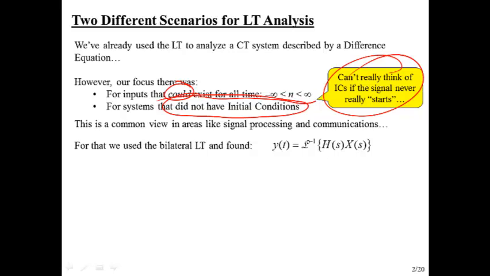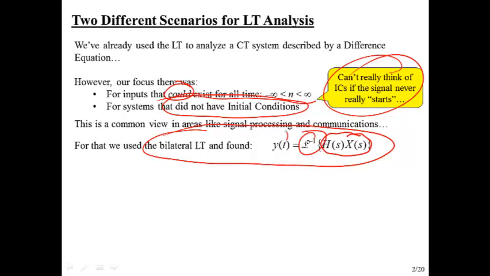For the analysis there, we used the bilateral Laplace transform, and the key idea was to find the output. All we had to do was worry about this product and take the inverse Laplace transform, and we would get the output.